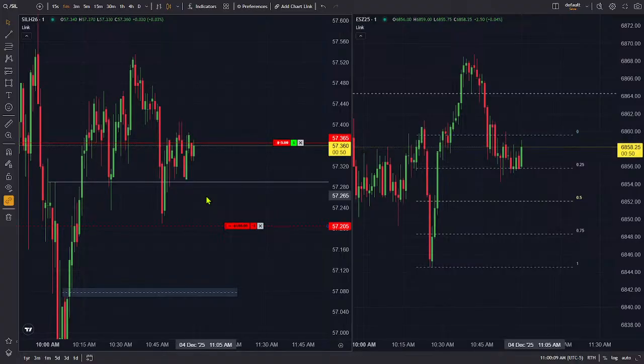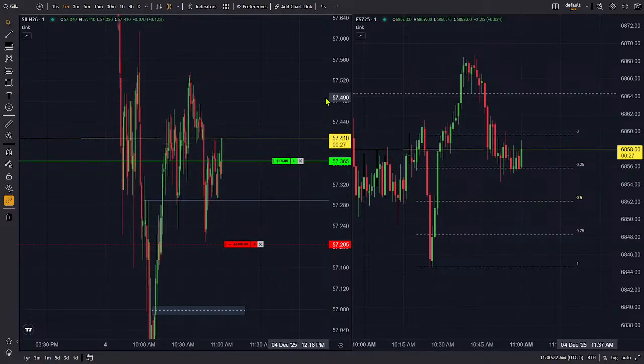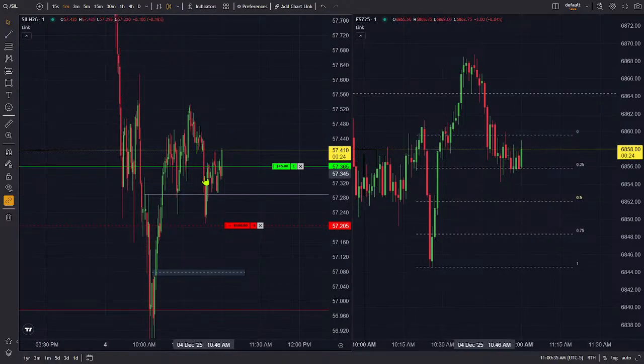You know, can we get above all that? Can we get back to settlement? I think if this was simply a lower high, this push down would have been much more aggressive and we would have taken out that low.